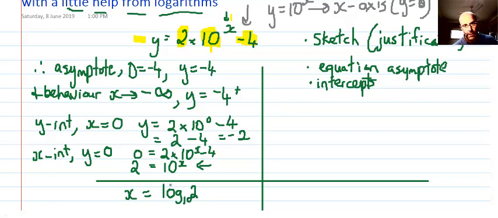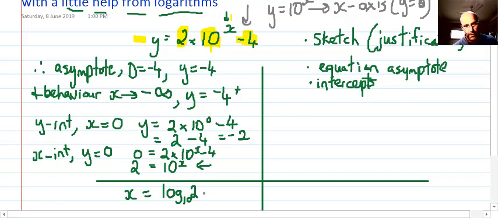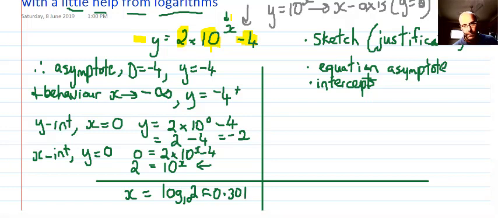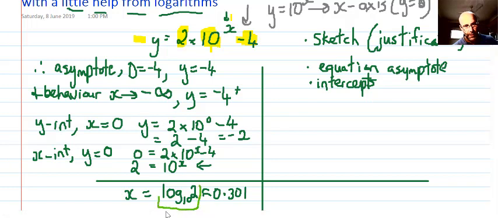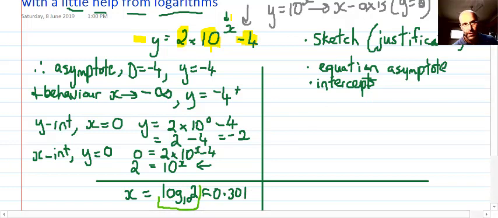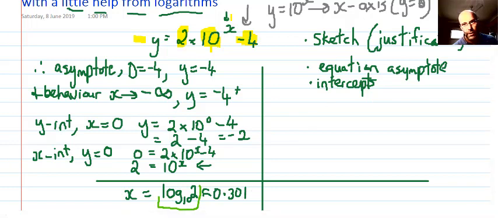So that approximately equals 0.301 if we go to 3 decimal places. Now if you don't want a decimal approximation, you're welcome to leave your answer in log form, because that's the exact value. This 0.301 is an approximation which we might need when we graph it, and that's what we're going to do now.